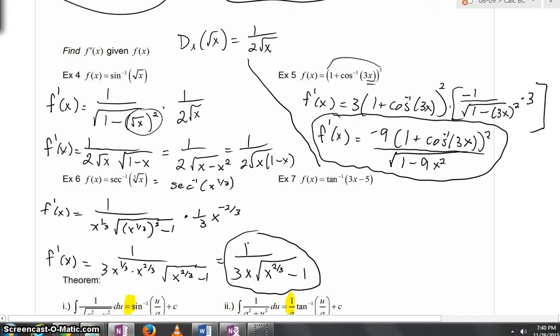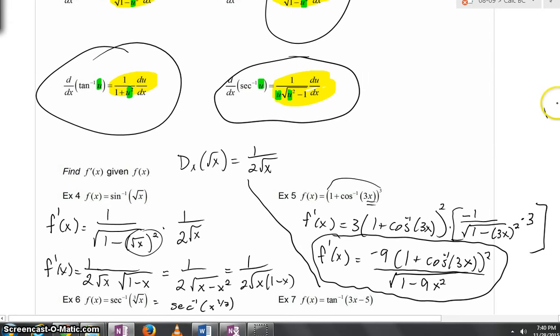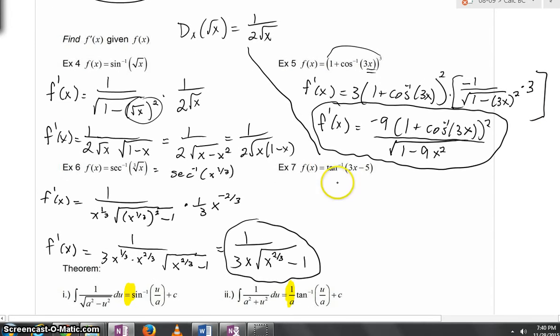Then taking a look at the derivative of inverse tangent, just coming back up here, you can see that the derivative of inverse tangent will be 1 over 1 plus u squared, and then the chain rule du dx. So as we continue taking a derivative here with f prime, we'll have 1 over 1 plus our u squared, so here's our 3x minus 5 quantity squared.